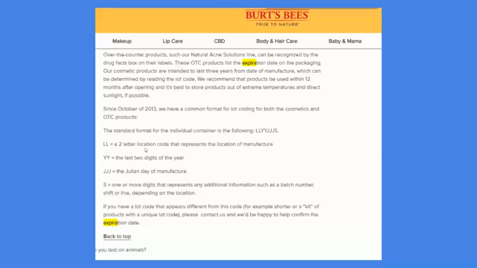The 2 letters in the beginning represent the location of the manufacturer, then it's the year it was manufactured, then the Julian date, and then a batch number. That's how you would decipher Burt's Bees. But my point is, go to the website of the item you're selling, find out what that lot code is, decipher it on your product, and then get it sold.